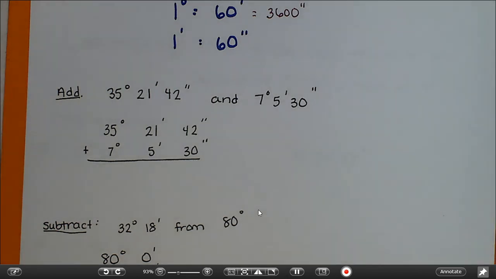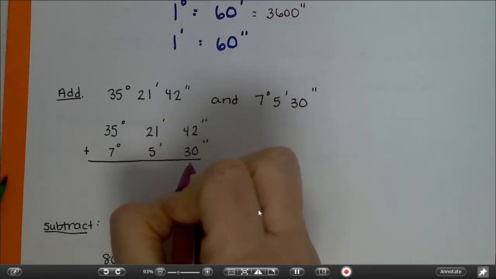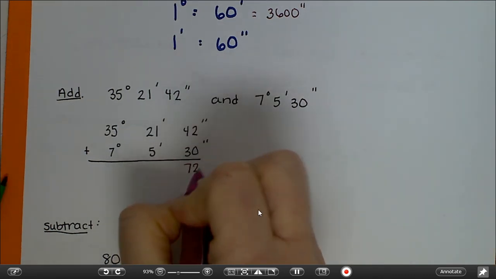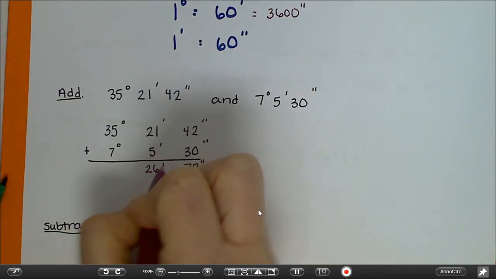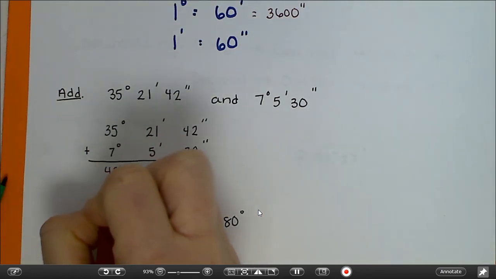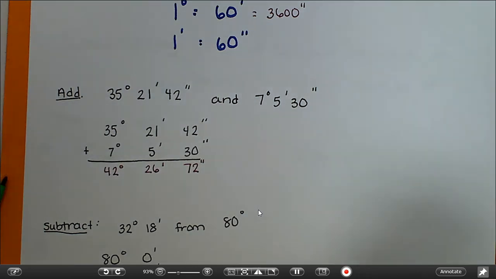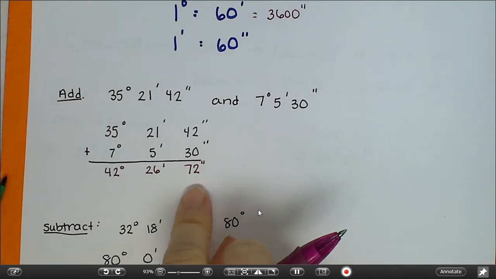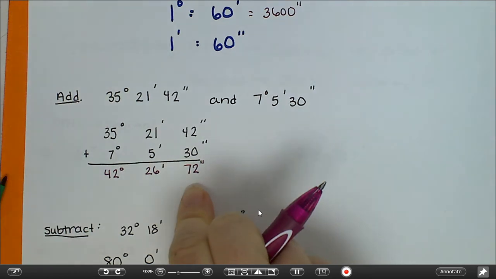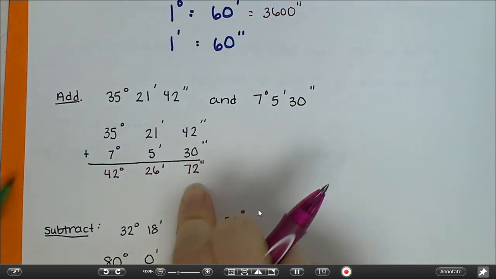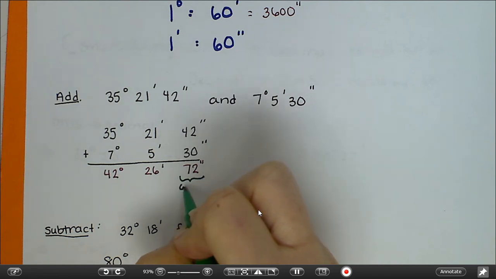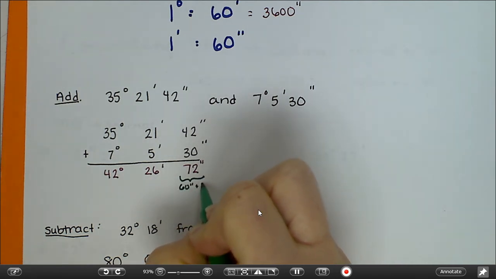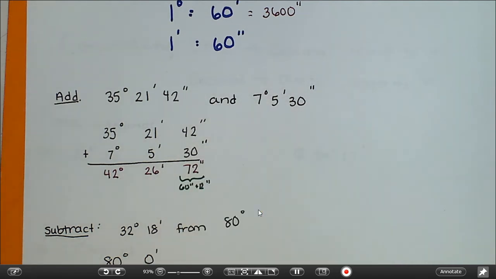When you add them, you just add the like ones. So 42 plus 30 is 72 seconds, 26 minutes, and 42 degrees. Now, here's where the trick comes in. We don't need to have more than 60 seconds. That doesn't make any sense. So 72 is really thought of as 60 seconds and 12 more seconds.